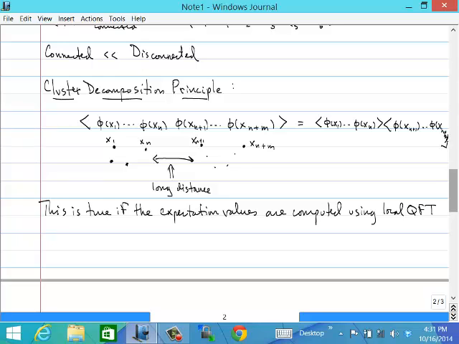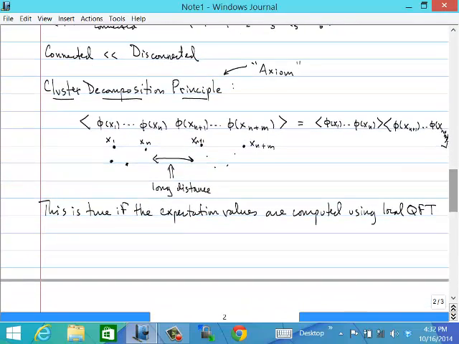People who try and delve into the foundations of quantum field theory often, instead of calling the cluster decomposition principle a principle, will call it an axiom. It's really one of the basic axioms of quantum field theory. It says that if you do a particle physics experiment in Alpha Centauri, then it will have very little influence on the particle experiments here on Earth, which is really unfortunate if you want to talk to people in Alpha Centauri.